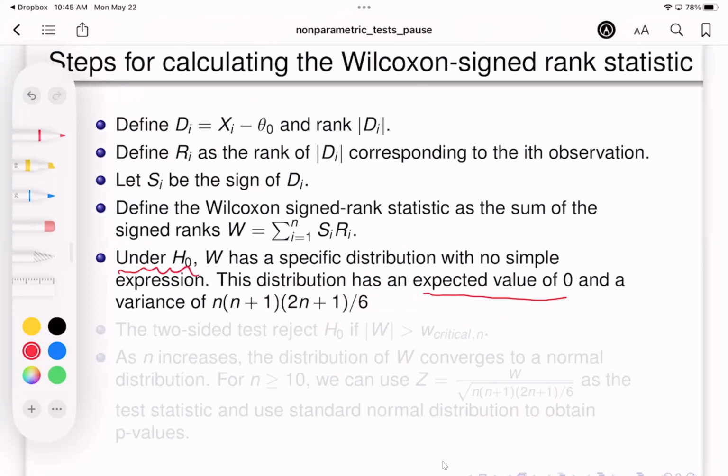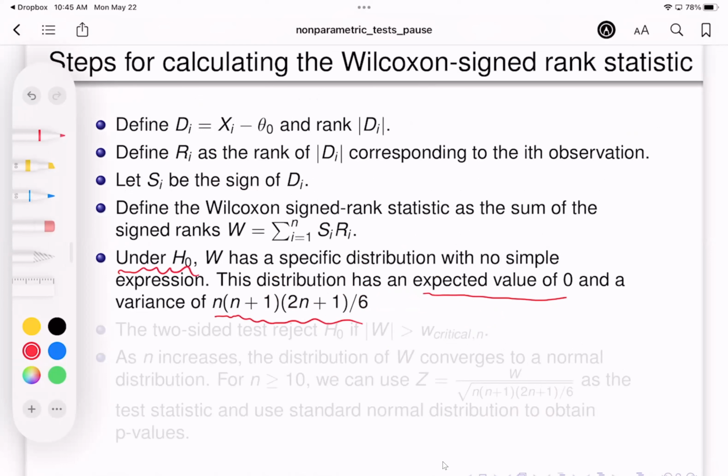And the variance in this case is related to the sample size. We're not going to try to derive that. Instead, we'll use this knowledge. This is the variance. And the distribution is also not a known distribution. Instead, it's a specific distribution.